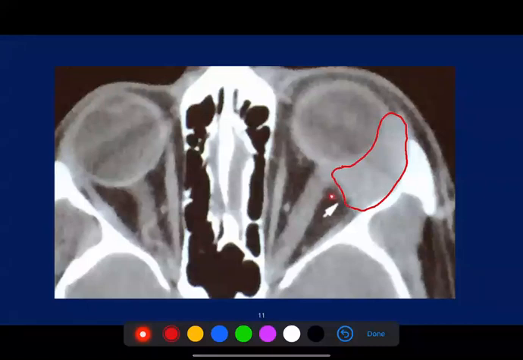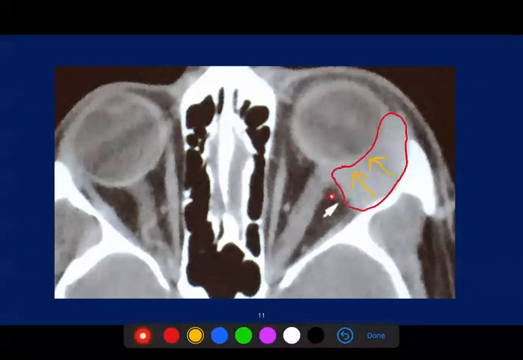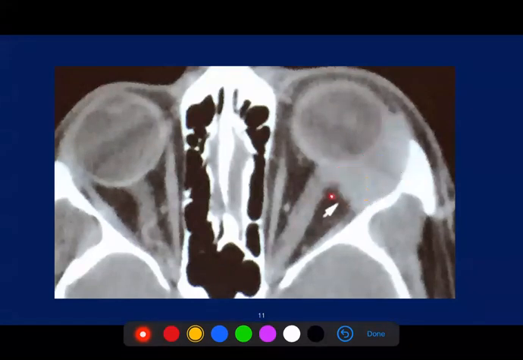So when we say molding, that means it surrounds the tissue without causing any angulation. You can see the globe, it's not indenting at all. And there are no irregularities in the sclera. So this is very important. This is what we call molding. In the coming slides, you will see the difference in some areas, in some pathologies.